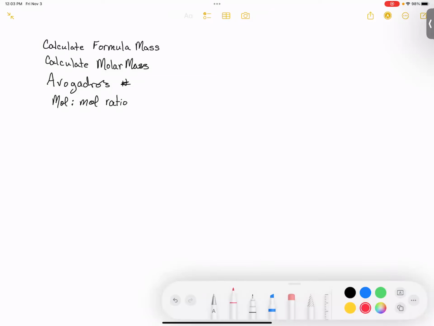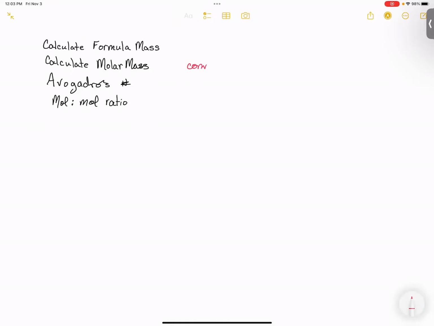So that is actually quite important, is knowing when to use what. Again, this allows you to convert when you have mass involved. So that's what you're looking for, is mass. If you got mass involved, you want molar mass.